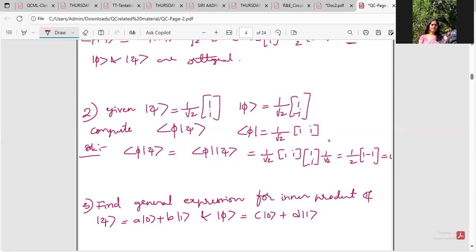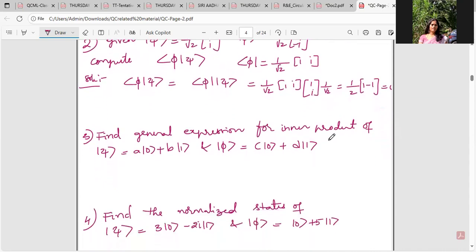Okay. Now just see this. Find the general expression for the inner product of ket phi and ket xi, ket xi and ket phi. So how do I find it? The inner product.